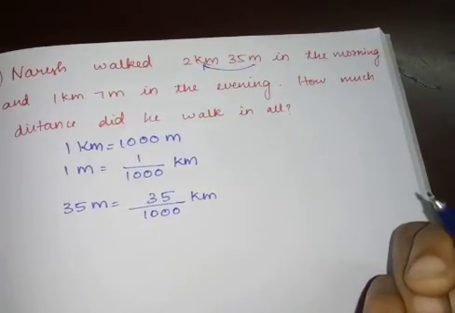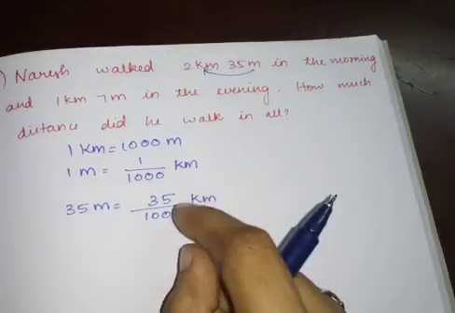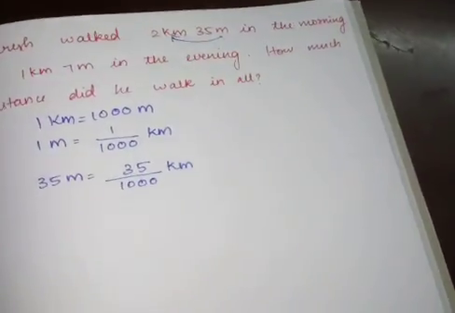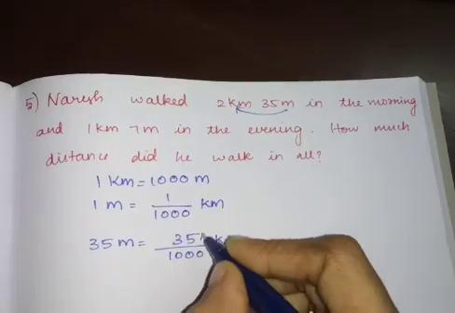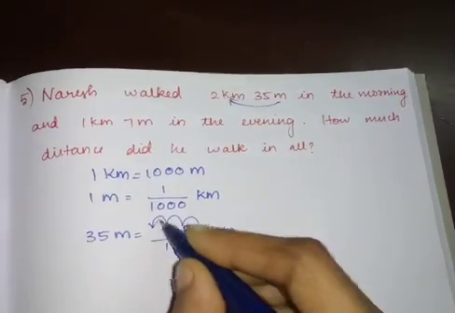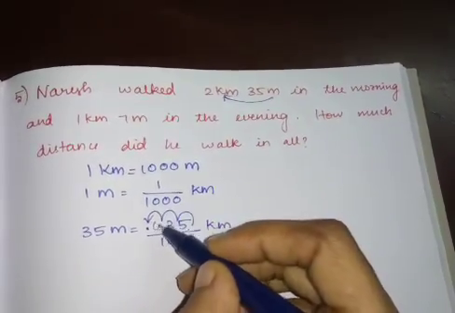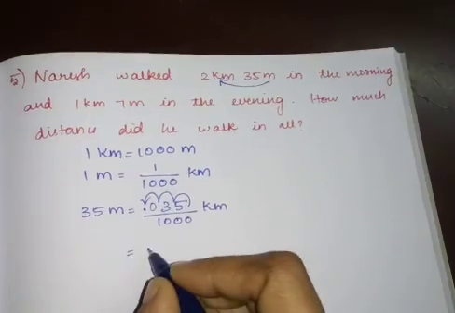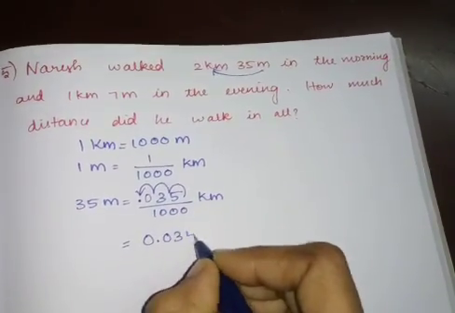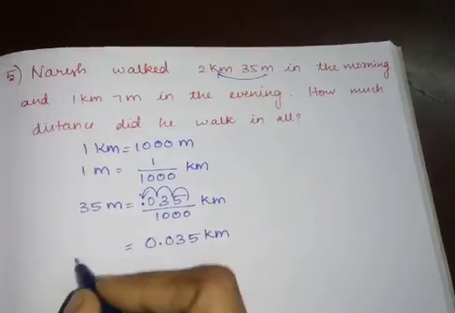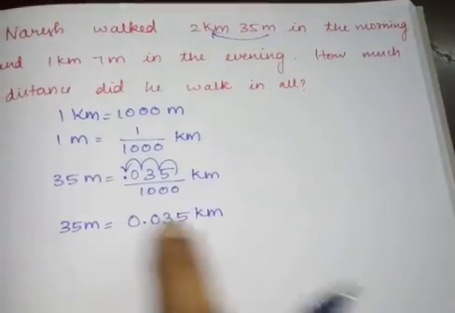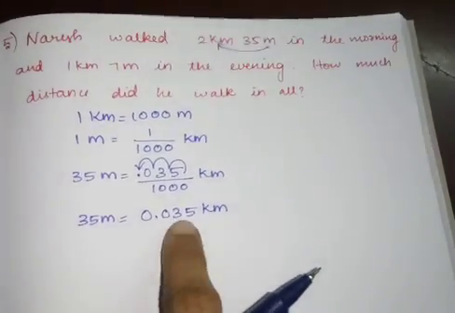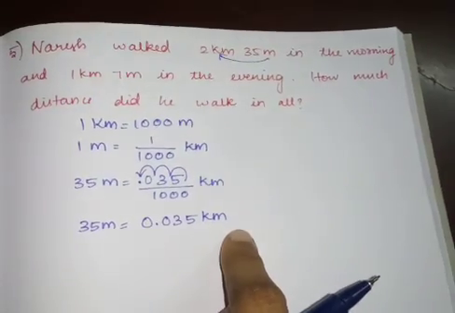Here it is a division, so you have to shift your decimal point towards your left side. How many digits? 1, 2, 3. One digit is extra, so you insert a decimal point here. 0.035 kilometer. So 35 meter has converted to 0.035 kilometer.